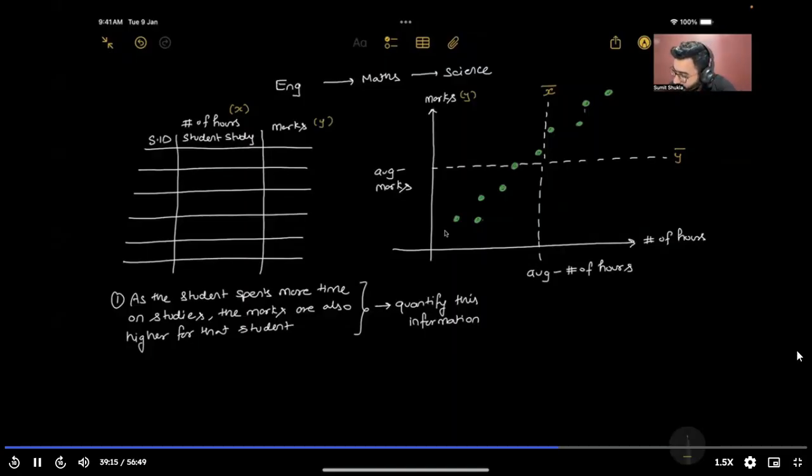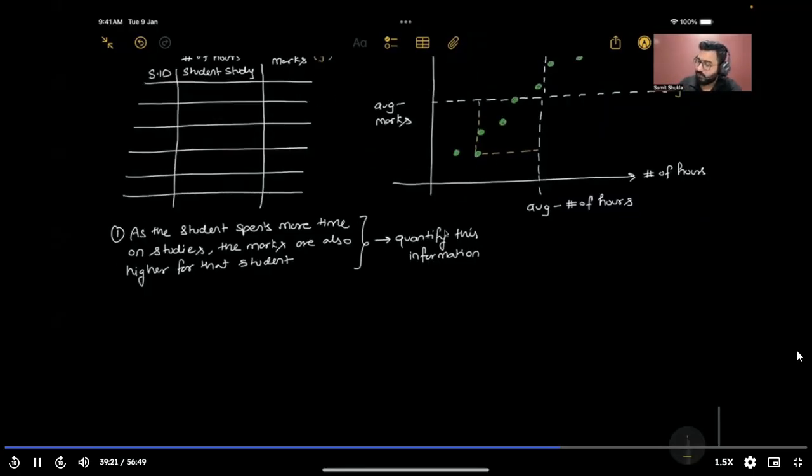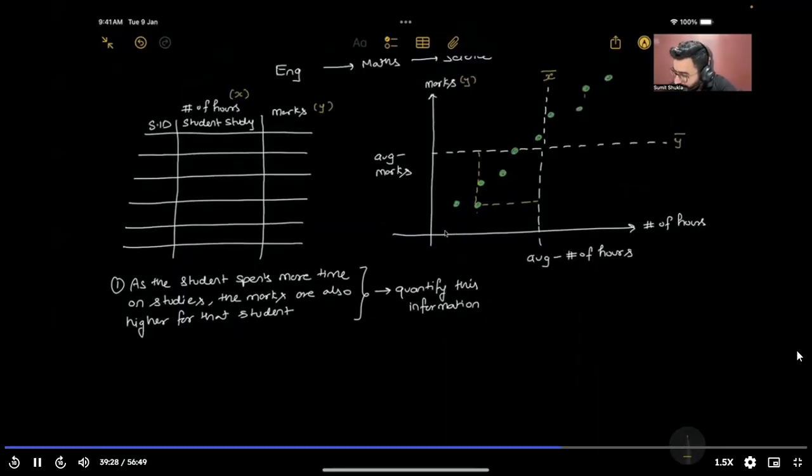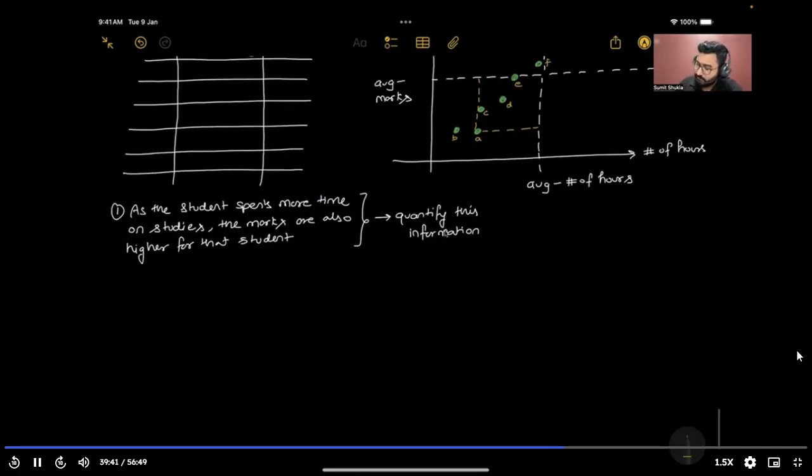Now for this data point, my x average and y average would be like this. Let's call this data point a, and these b, c, d, e, f, g, h, i, and j. So can I do something like this?